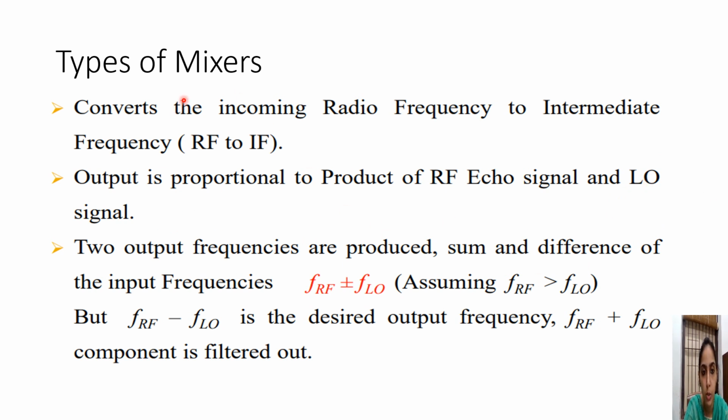So what will be the output frequency of the mixer? It will be the sum or difference of the input frequencies, that is f_RF plus or minus f_LO. What is the desired output frequency is the subtraction of the two frequencies, that is f_RF minus f_LO, whereas the other component will be filtered out.